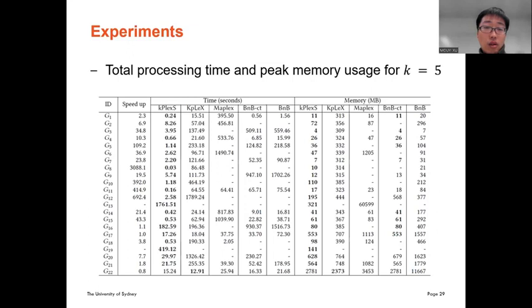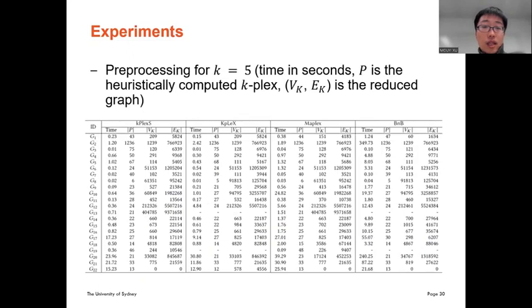And we can see our algorithm is always faster than the existing algorithms and has lower memory usage than the existing ones. For the third experiment, we check the pre-processing when k equals 5. We compare the size of the reduced subgraph produced by the pre-processing, and our algorithm can always produce the smallest reduced subgraph compared with the existing algorithms.